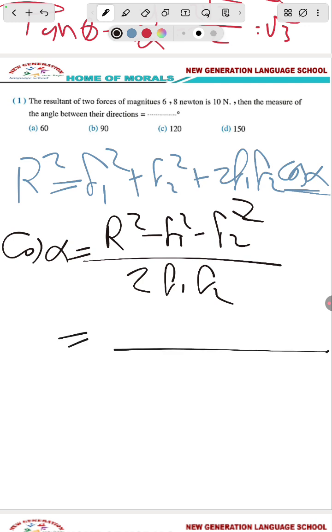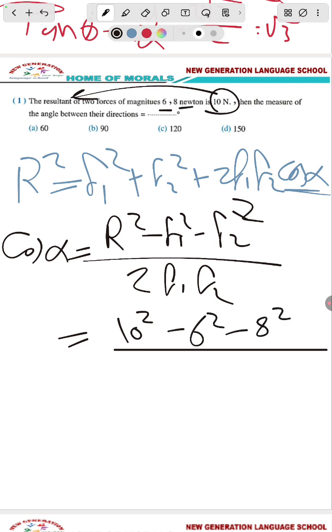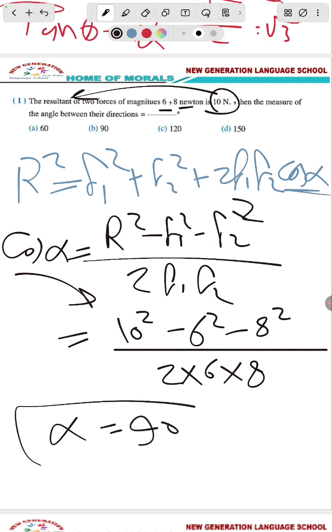By substituting, 10 power 2, the resultant is equal to 10, and F1 equals 6, F2 equals 8, so minus 6 power 2 minus 8 power 2 over 2 by 6 by 8. It will be equal, shift cosine the answer, so alpha equals 90.